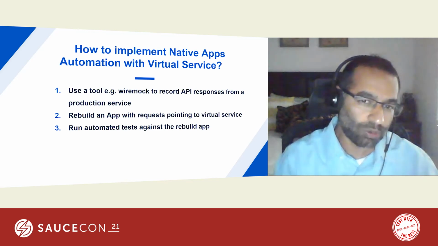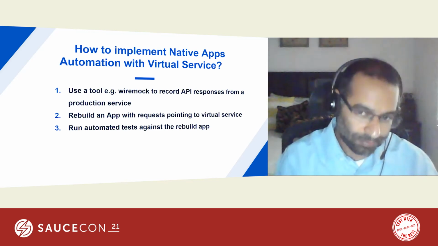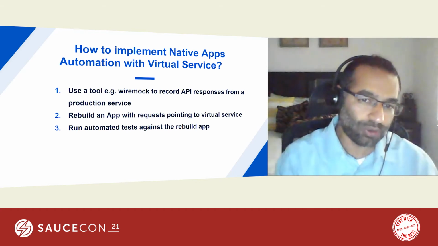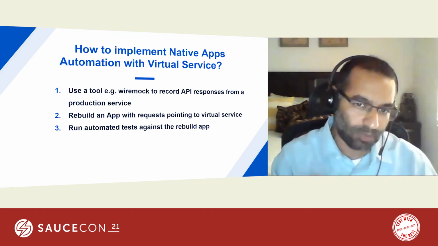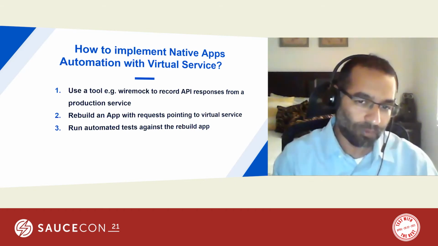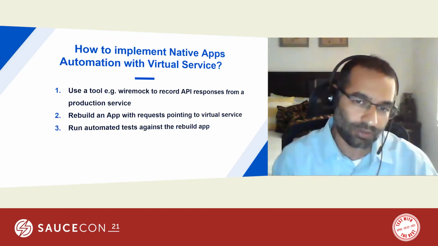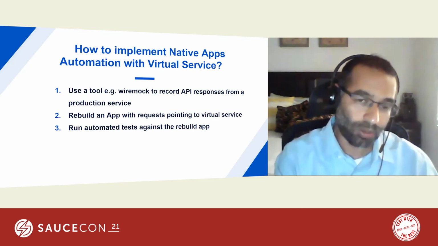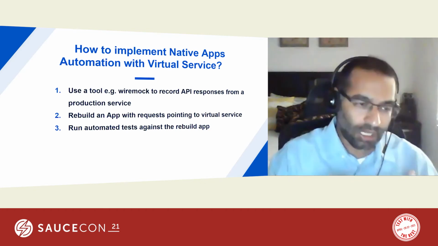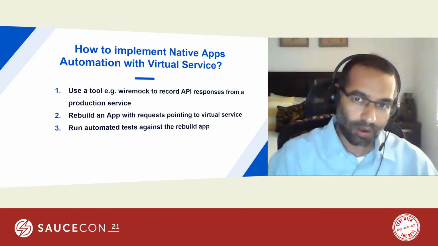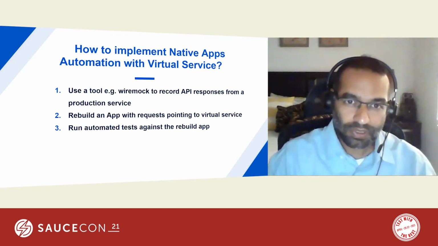With the new config file, you rebuild your app. After you have rebuilt your app, your automation tests run against the rebuilt app, which is pointing to a virtual service, not to production. So that's how, on a high level, you implement native app automation with the virtual service underneath.